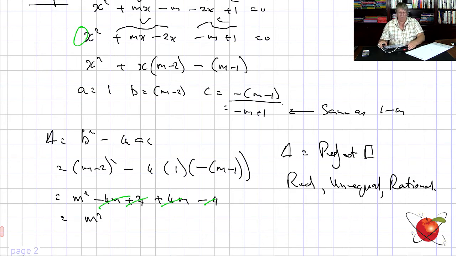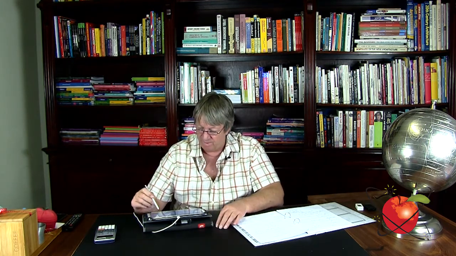Okay, real, unequal, and rational. That's what we're going to get with those roots of the equation. So in all cases with these things, what do we do? We go and we work out delta. That's the key to this.